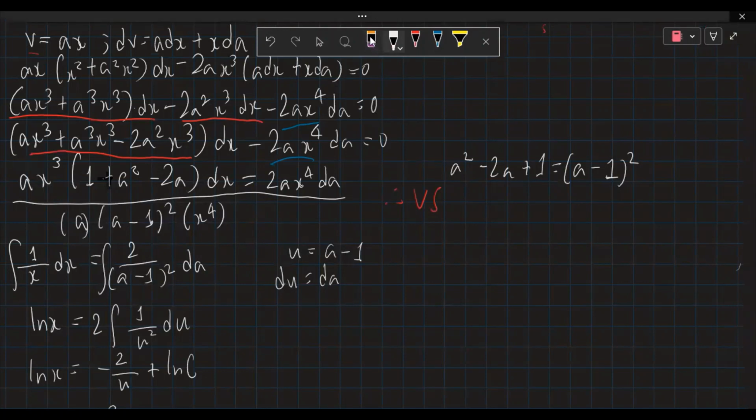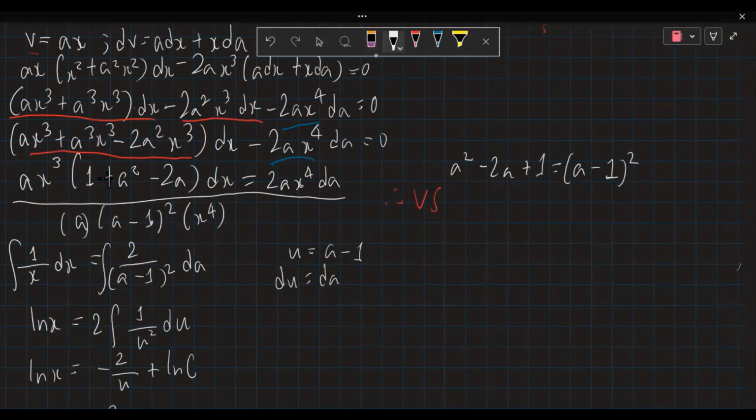We divide the whole equation by the variables that are not consistent with the independent or dependent variable that they're next to. So x to the power of 4 shouldn't be next to dA.